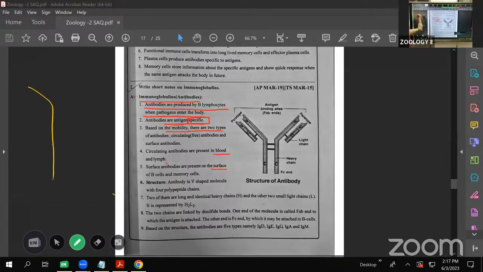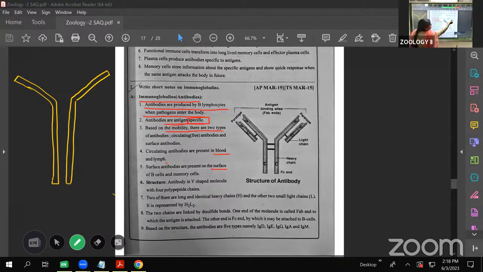It looks like a Y shape, and it has two long chains. These are the polypeptide chains. Two are present. One pair, or two chains, is called the heavy chains. Here, this center one is called the heavy chains. Clear?